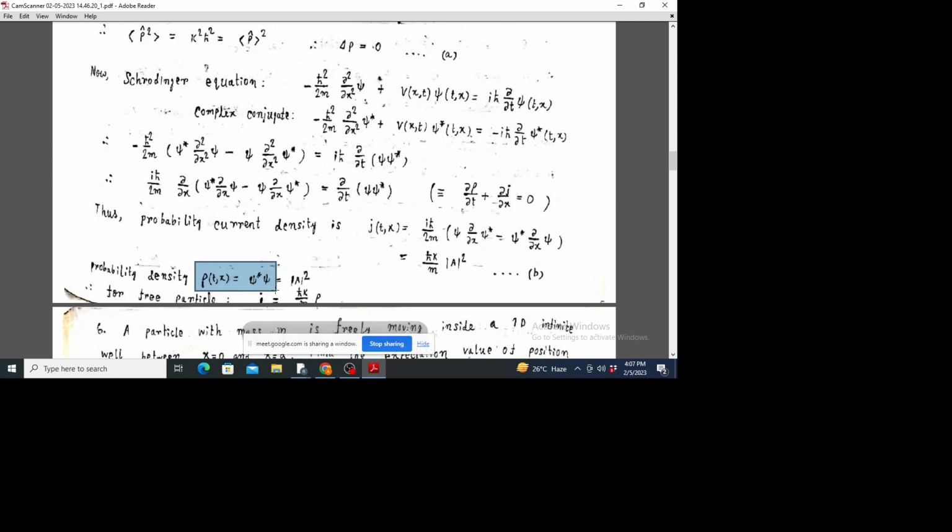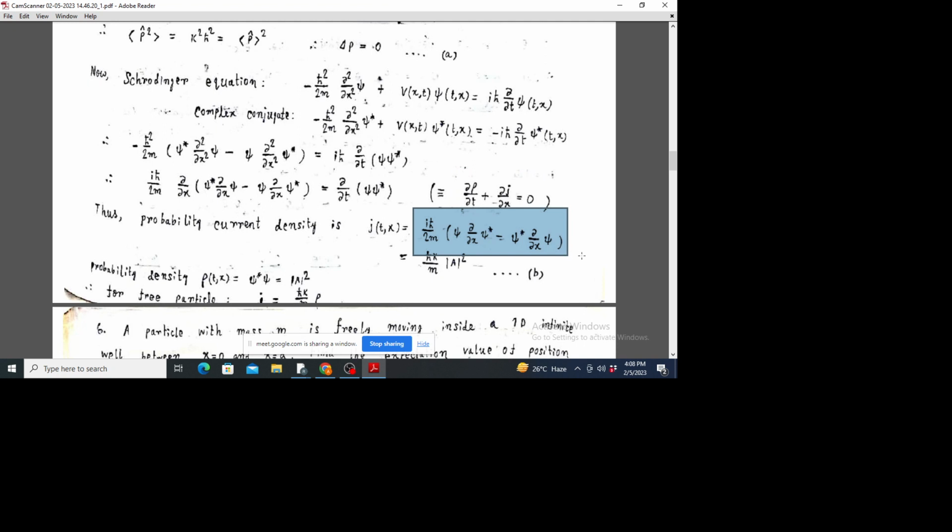The nomenclature follows from the continuity relation in classical electrodynamics or classical fluid dynamics, the conservation of charge. We try to get the Schrodinger equation in this form, where rho is like charge density and J is like current density.